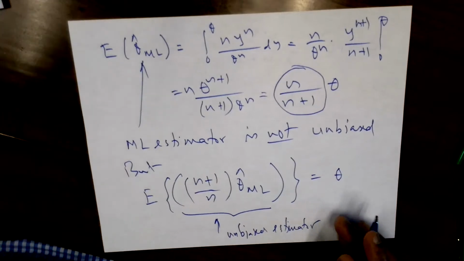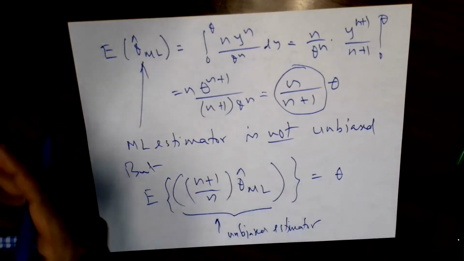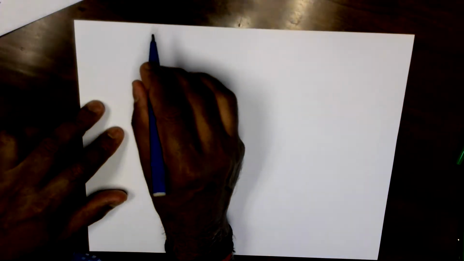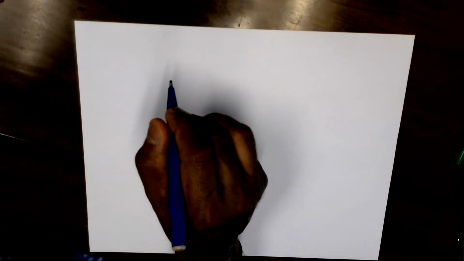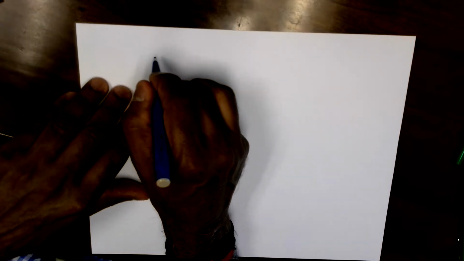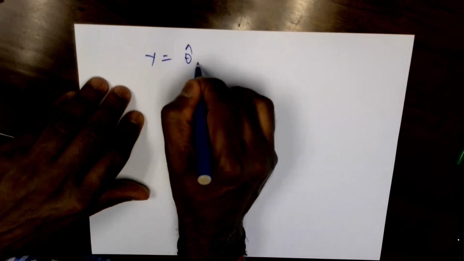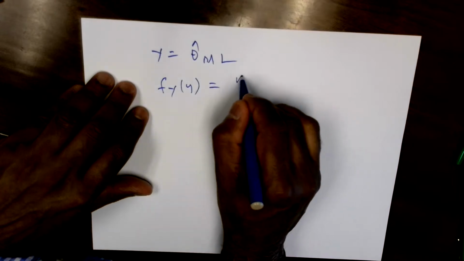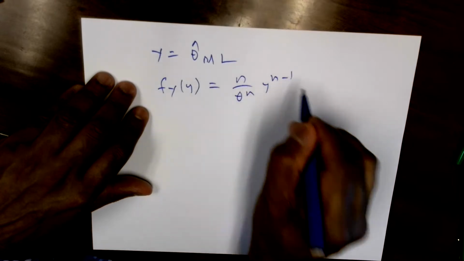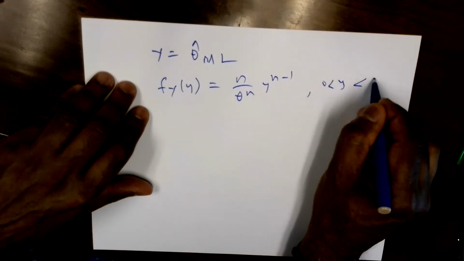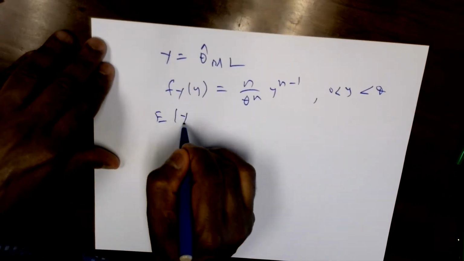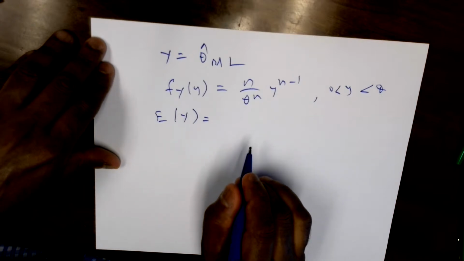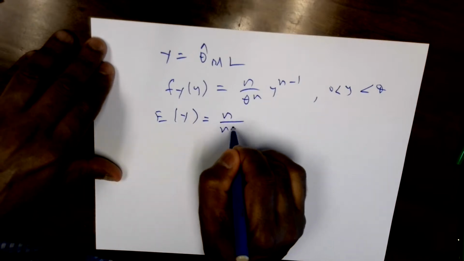All right, so now, if you want, you can proceed to find the variance of the maximum likelihood estimator. Remember, we have defined y to be theta hat ML, and f_Y was n over theta^n y^(n-1), and the expected value of y we found to be n over n plus 1 theta.